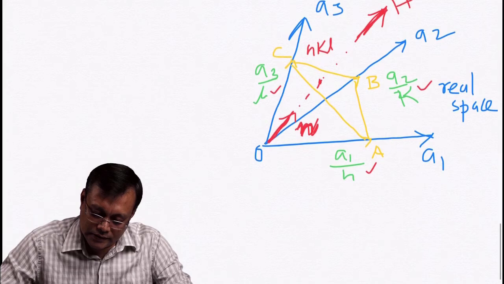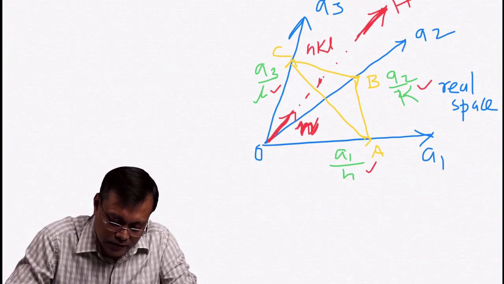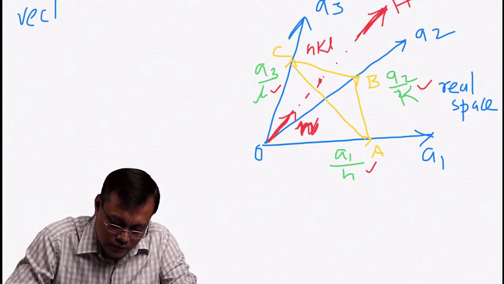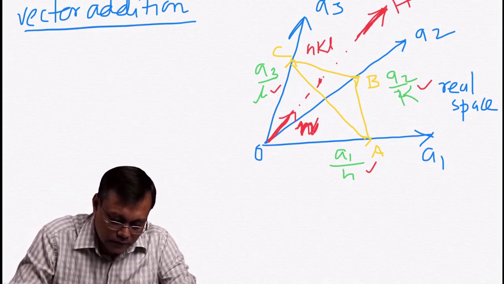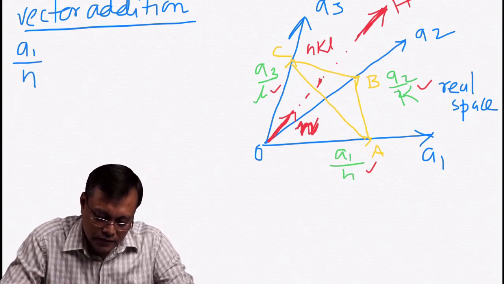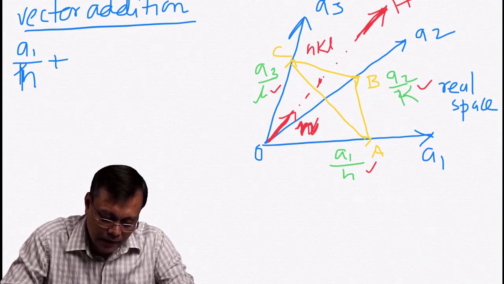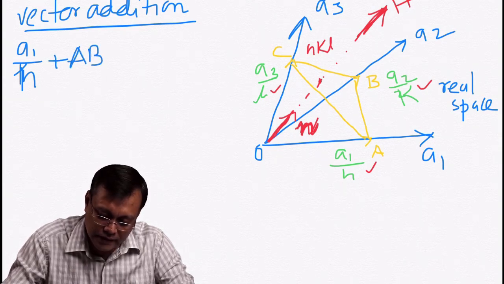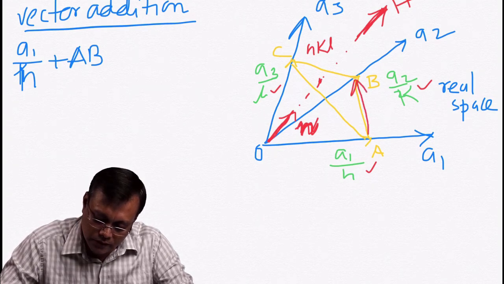So how to correlate this A1 by H, A2 by K and A3 by L? To understand this, we need to begin this calculation through the vector addition. Well, here please have a look. A1 by H, this vector, plus AB, another vector here, AB.